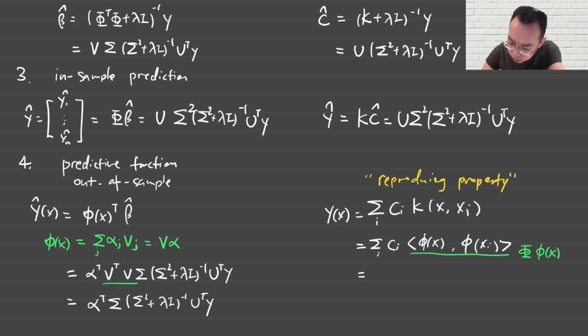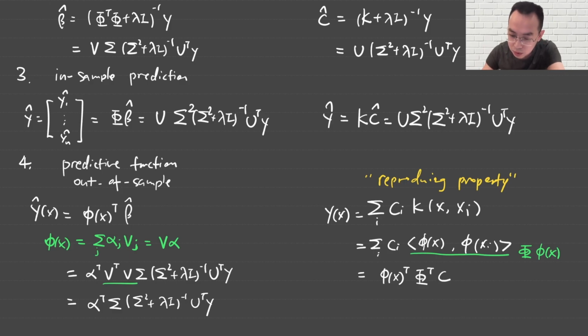So that will give us phi of x transpose phi, and then phi transpose C, right?